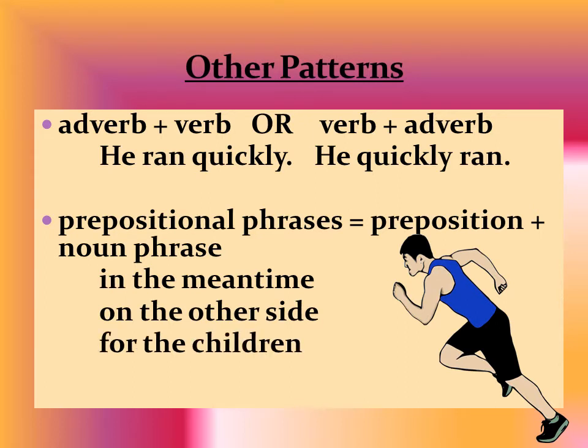So here we have the prepositions in, on, and for, and they are followed by the noun phrases the meantime, the other side, and the children. So when we have a prepositional phrase, we want to keep it all together when we speak. In the meantime, on the other side, for the children.